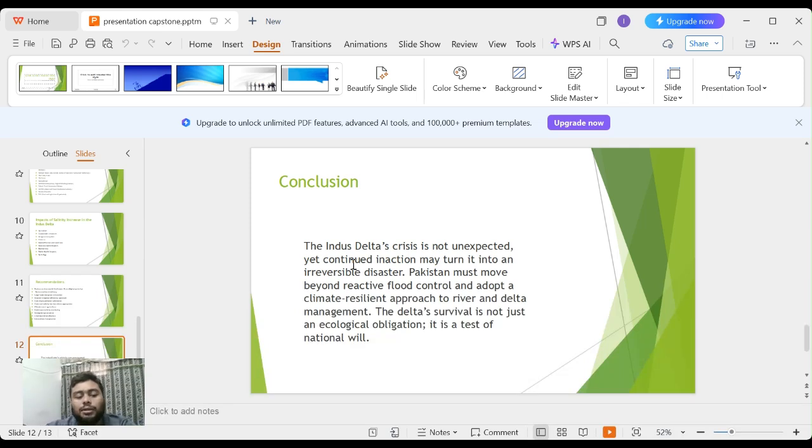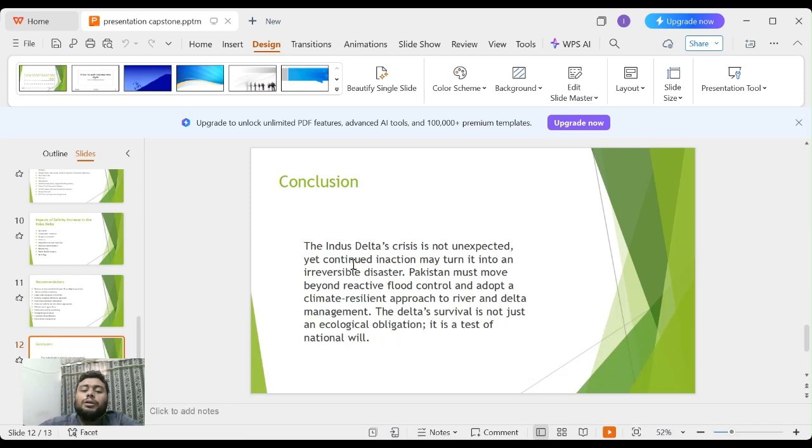In conclusion, as we all know, the Indus Delta degradation is not unexpected, as this issue has been coming since the late 90s and early 2000s. The government did not focus on this issue. So continued inaction turned into this near-irreversible disaster. It may become irreversible if continuous focus is not given to this.